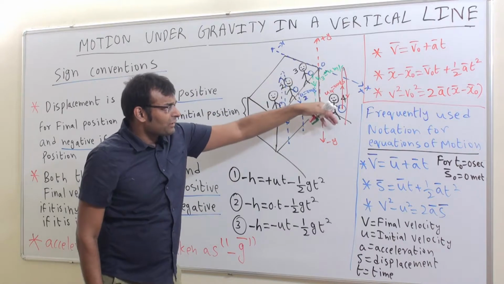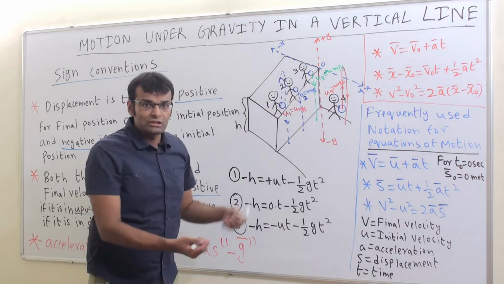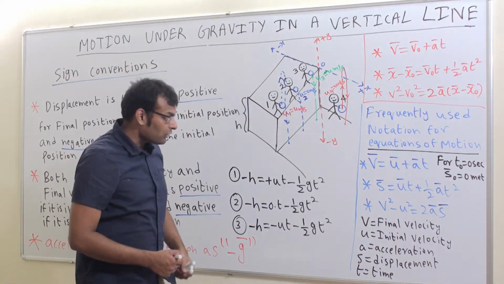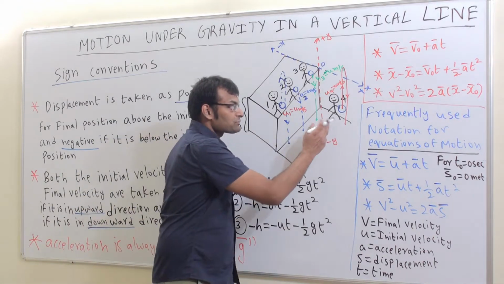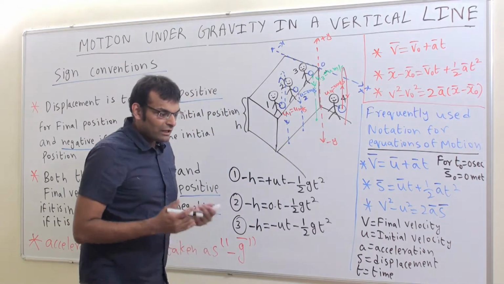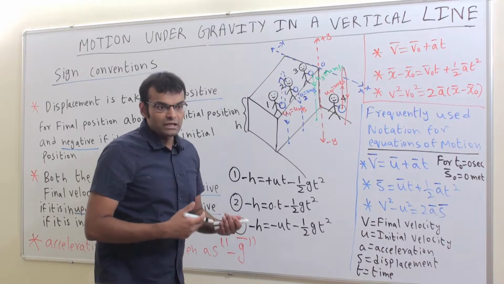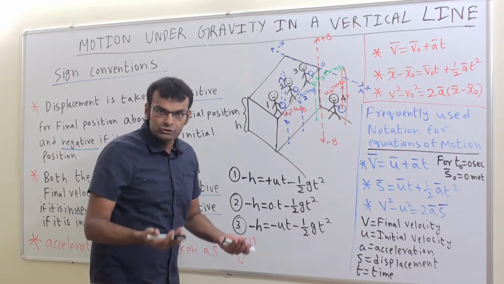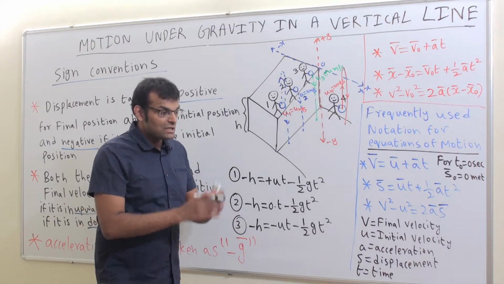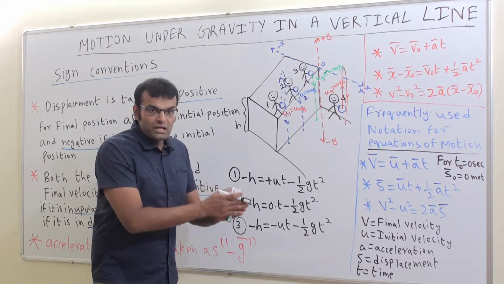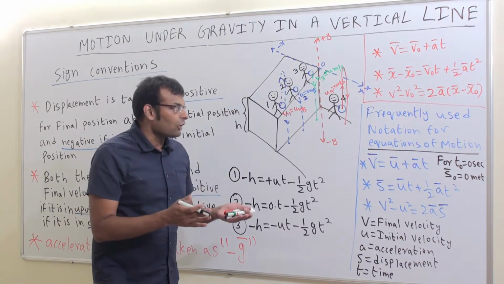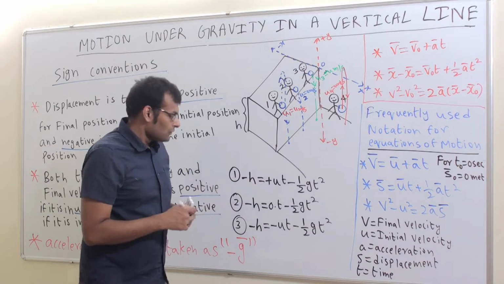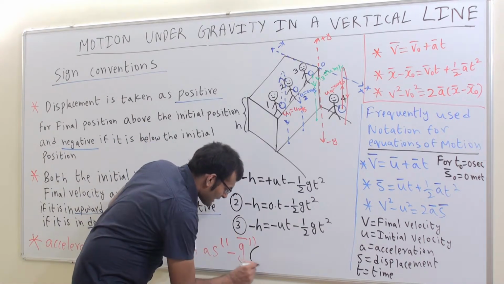It is coming to the same position where this person has thrown the ball. So the displacement of the ball is 0, because whenever an object goes and comes back to the same position, or there is no change between the initial position and the final position, then we call the displacement 0.